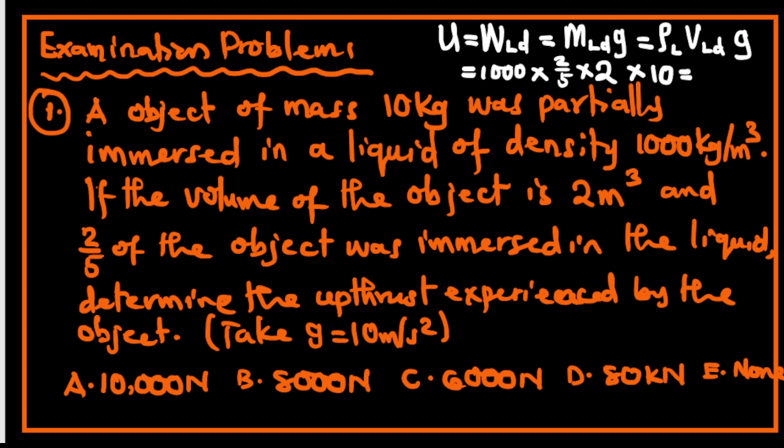So what does that give you? 5 in 10, that's 2. 2 times 2 times 2, that's 8. So that gives you 8,000 newtons. So the result is 8,000 newton. Now the mass given to you here is not going to be needed. We don't need that information. So that's how you solve this particular problem.